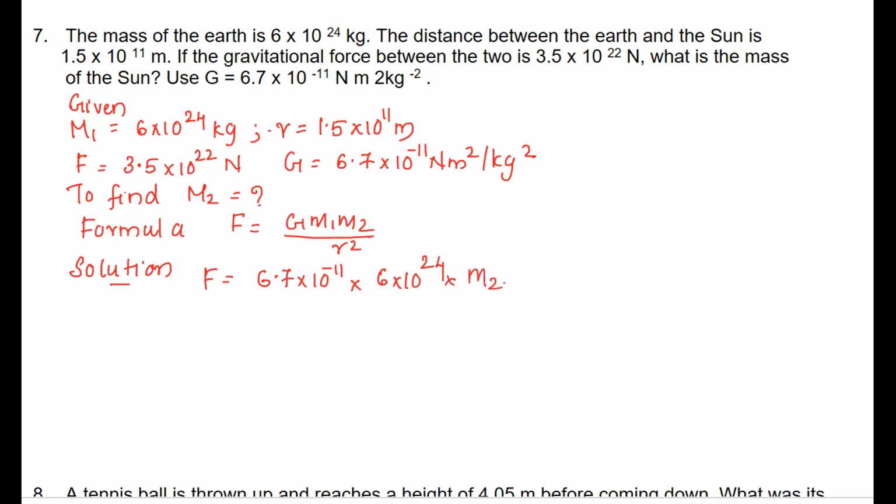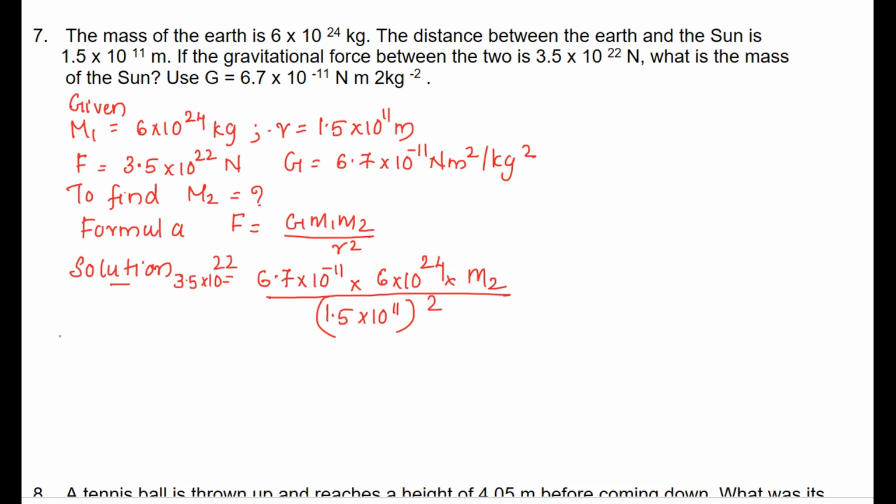M2 is not given, we have to find out, upon R square. R square is, R is 1.5 into 10 raised to 11 the whole square. F value is given. We substitute the value of F also. F is 3.5 into 10 raised to 22.